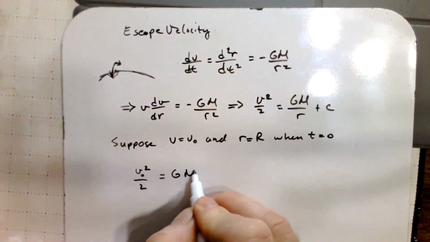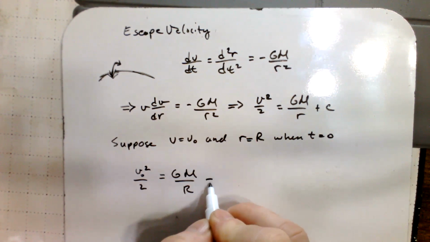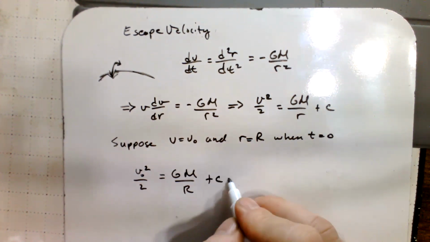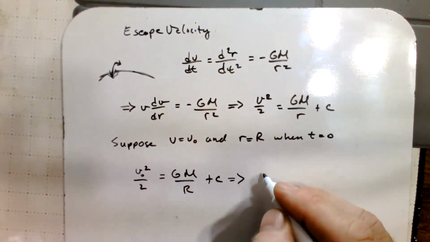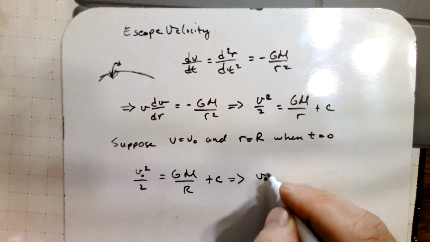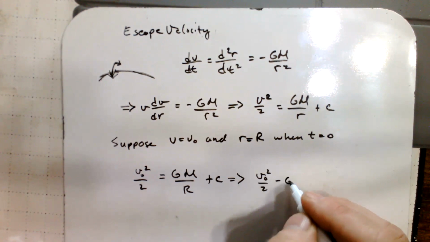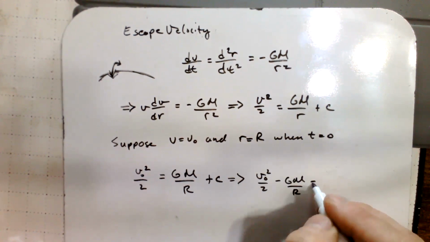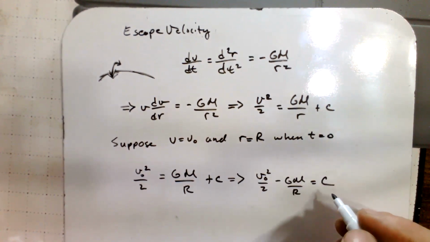to gm over R plus c, which implies that v naught squared over 2 minus gm over R is equal to our constant.